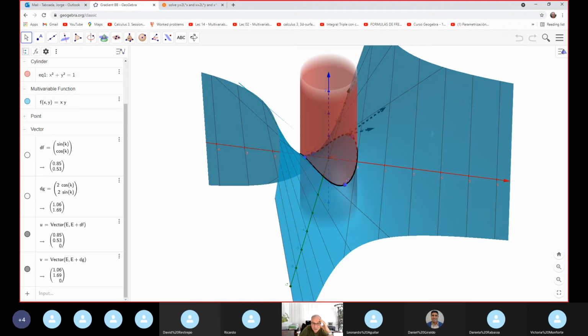Let me share the screen. Screen share. Wow, no good. GeoGebra. Screen share. Cancel. Okay. There you go. Boom. Boom. Do you see that?